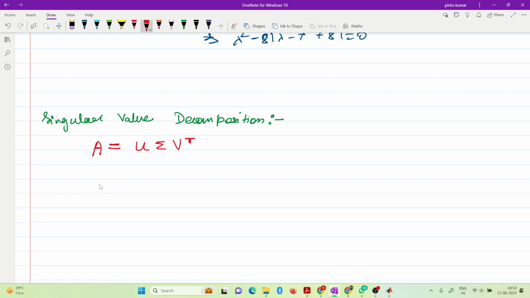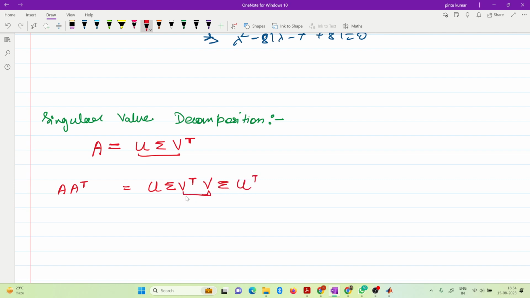Now just look at this formula. If you do A into A transpose, what is it? This is U sigma V transpose times A transpose, which is V sigma U transpose.